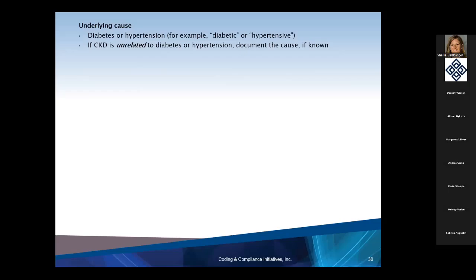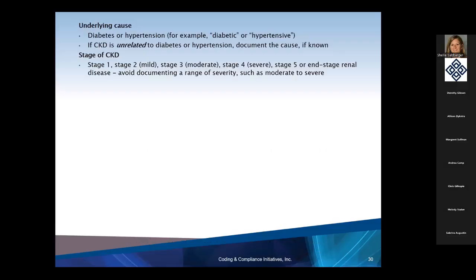So we would indicate that patient has diabetes with chronic kidney disease, hypertensive chronic kidney disease. I need to know the stage of the chronic kidney disease. Remember, 3 and above give you an HCC score for value-based care. Unspecified does not give you a score.